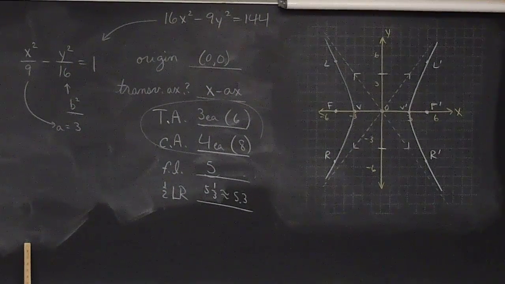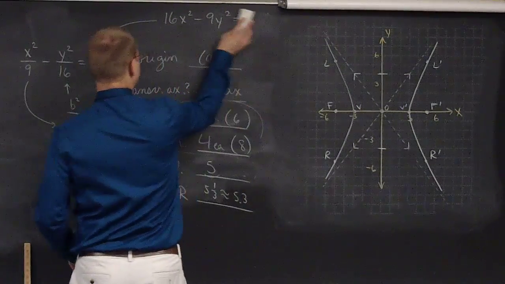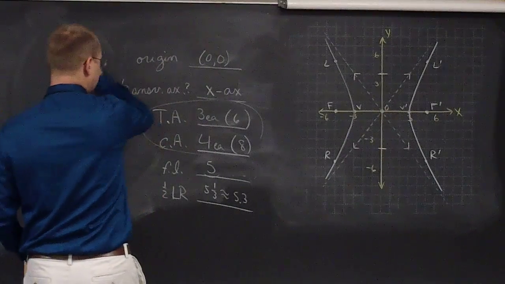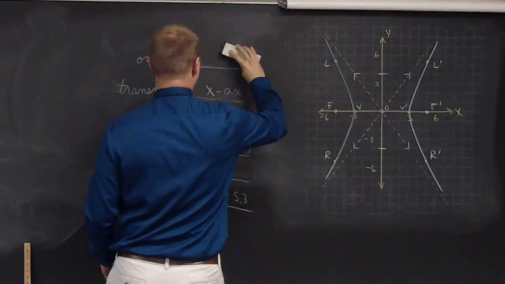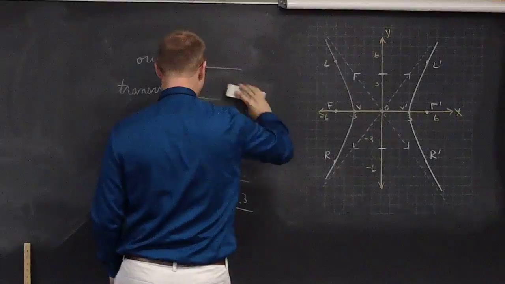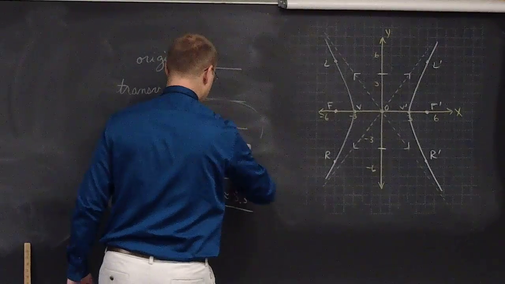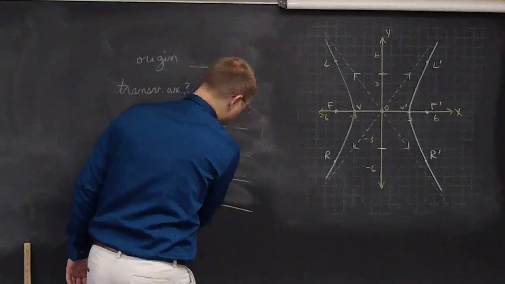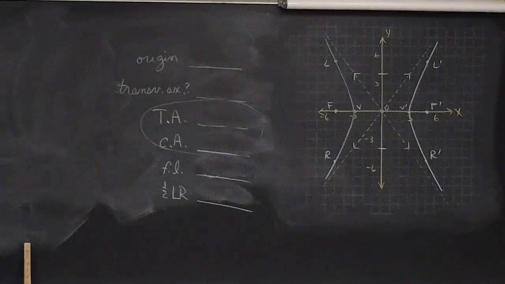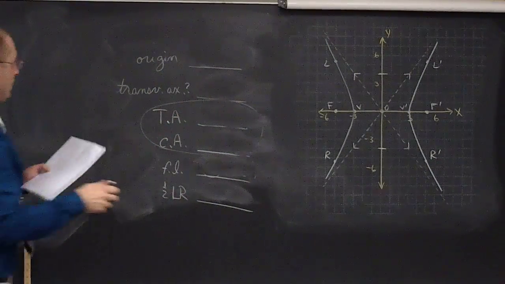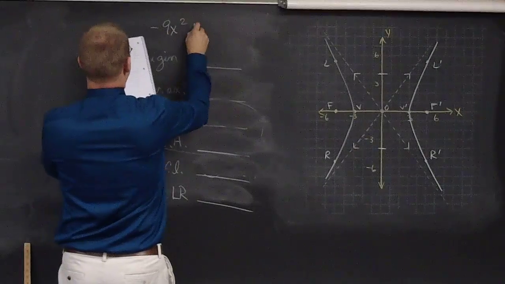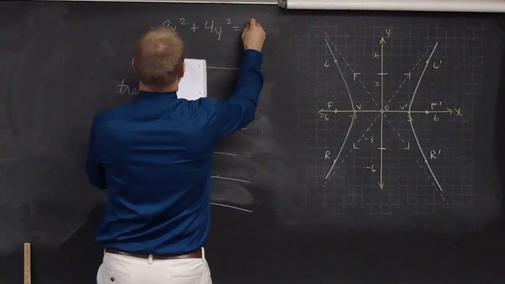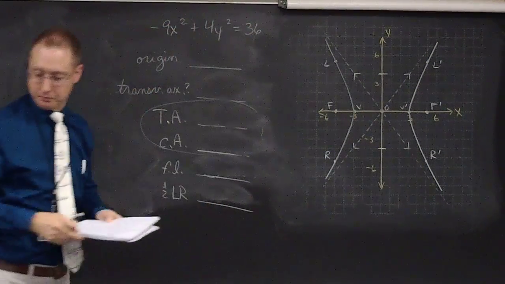All right, questions on this? All right, let's do one that has a little bit more of a curve to it now. Set up the new Cartesian plane while I get mine set up. Negative 9x squared plus 4y squared equals 36.